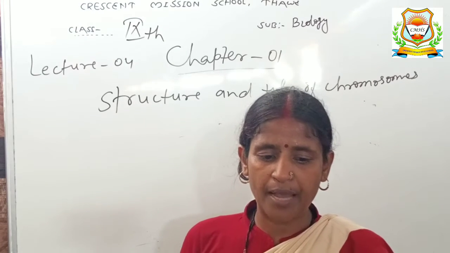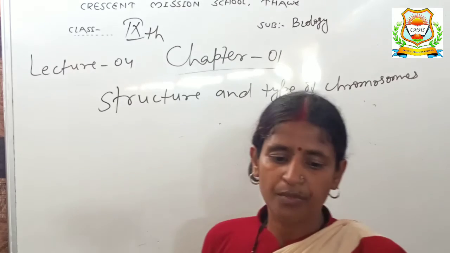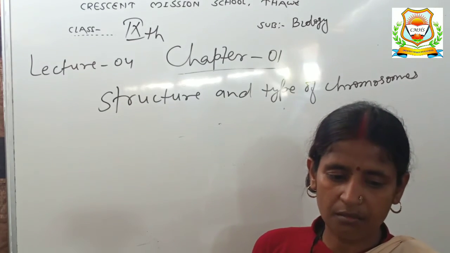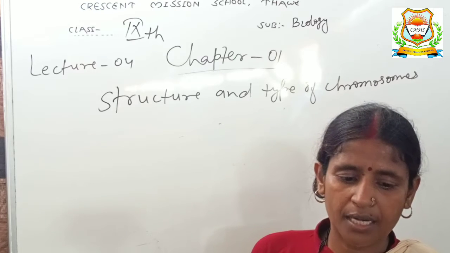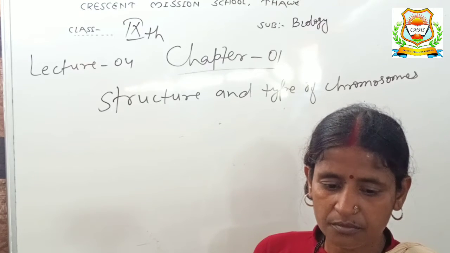This is the point of primary constriction called the centromere. During cell division, spindle fibers are attached to the kinetochore located in the centromere.